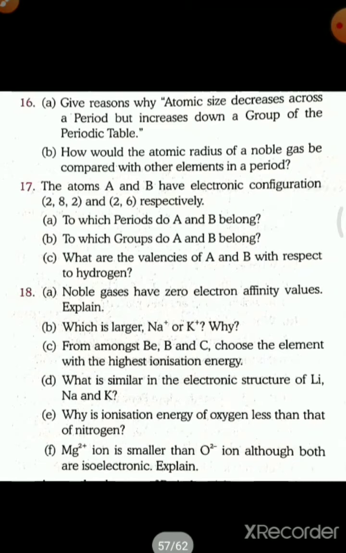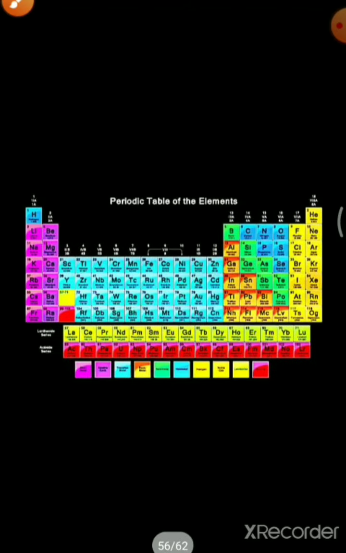Atomic size gradually decreases from left to right across a period of elements. This is because within a period, all electrons are added to the same shell. At the same time, electrons cannot shield each other from the attraction to protons.